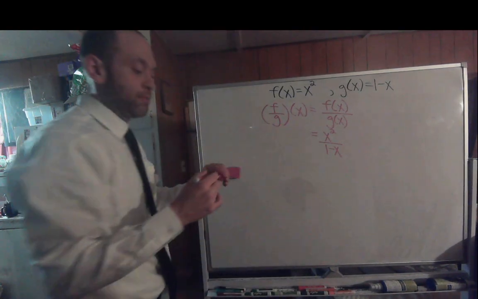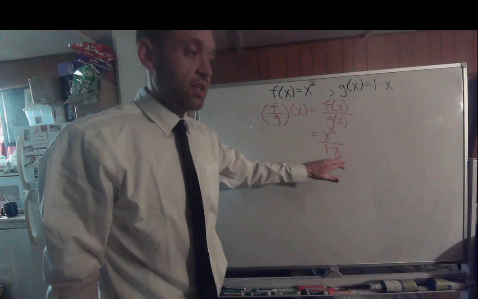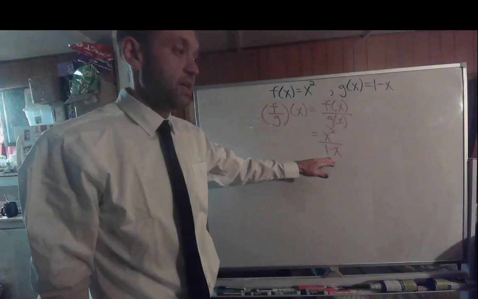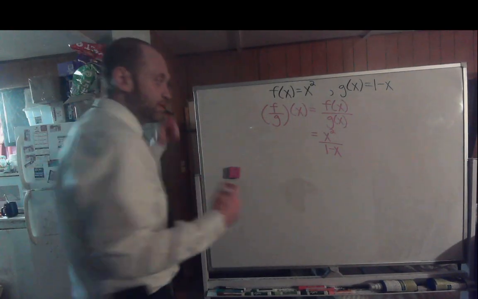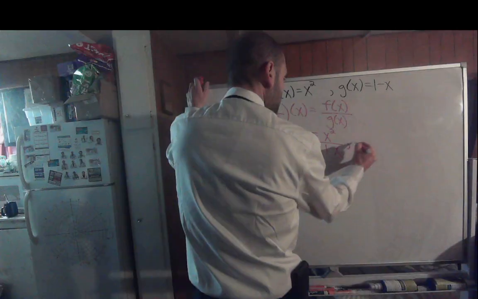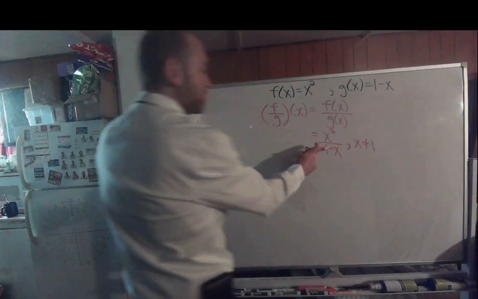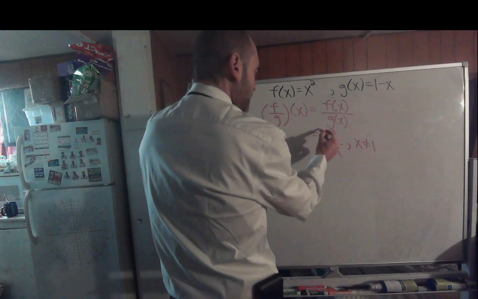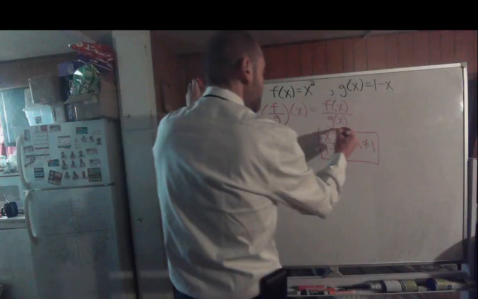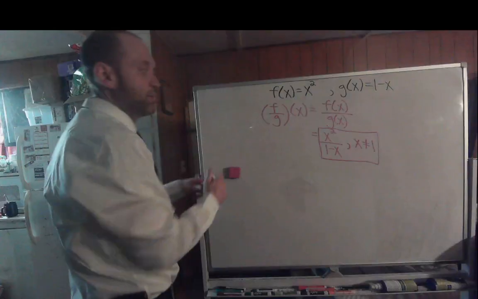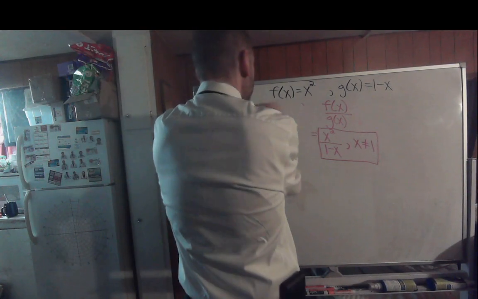But again, the denominator is not allowed to equal 0 because that would make the expression undefined. So when x equals 1, the denominator equals 0. So f divided by g of x is going to be x squared over 1 minus x, where x is not equal to 1. That's exactly what you would get for f divided by g of x.